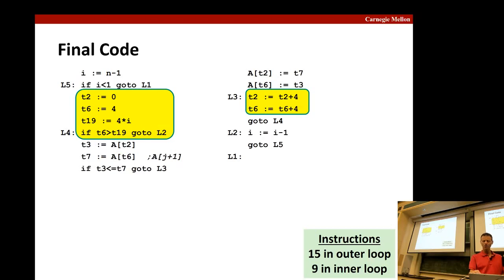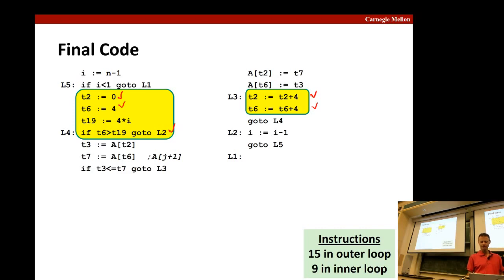So now all references to j are gone, and instead we just initialize the starting points of j and j plus 1, and compare those, right, in this equivalent way. I can compare 4 times j and 4 times i just as easily as I compare j and i. And then instead of bumping up by 1, we bump these things up by 4, okay?